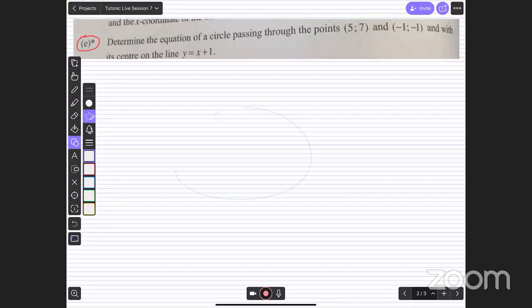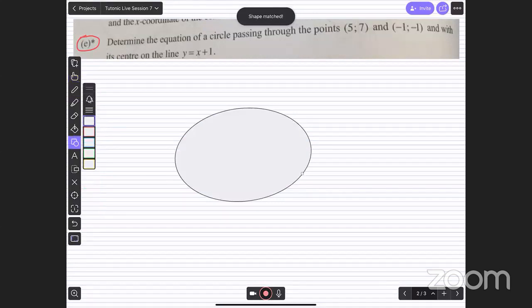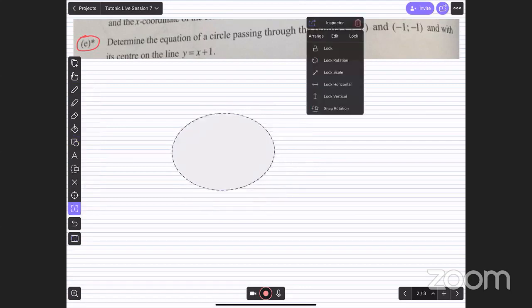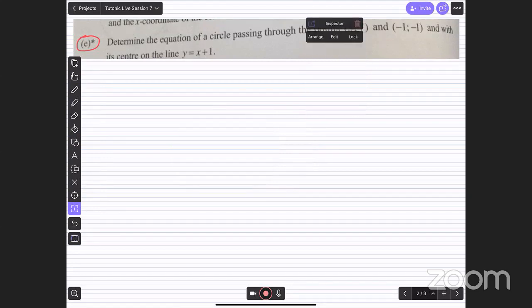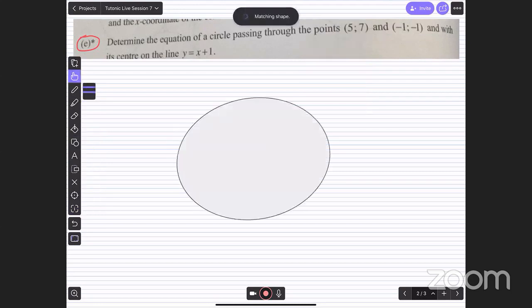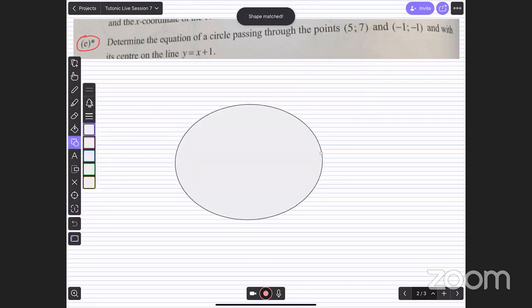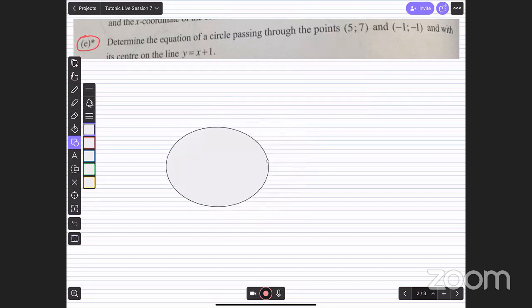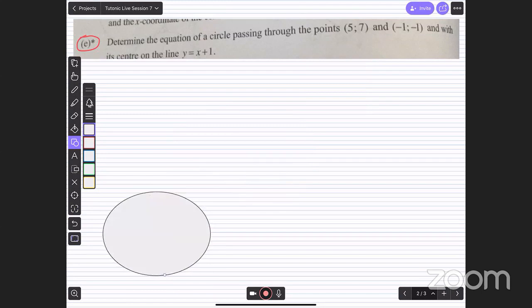Yes. So we can draw a circle. Okay, yeah, you can draw a circle. And what do you know about the circle? What do they tell you about the circle? The center.